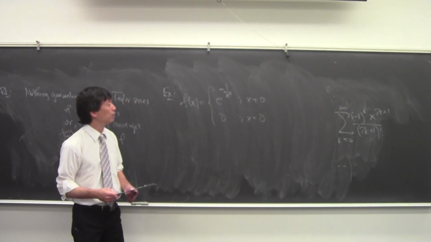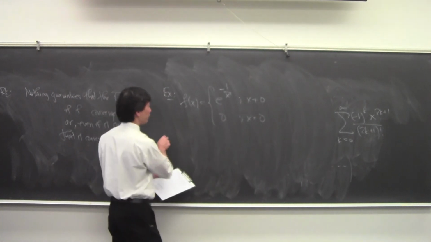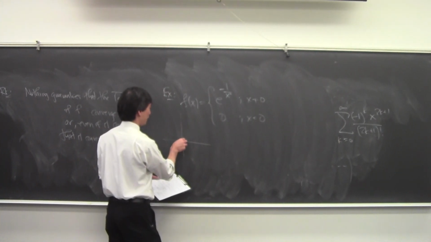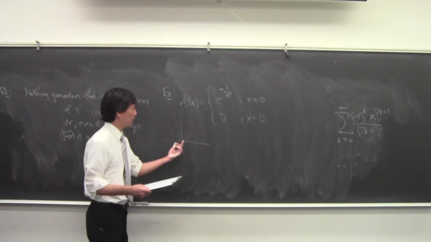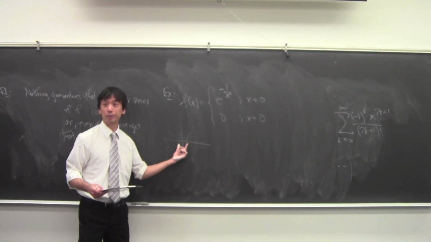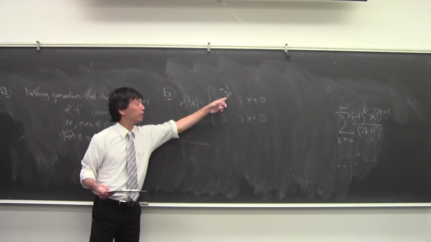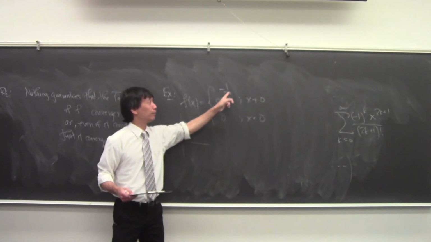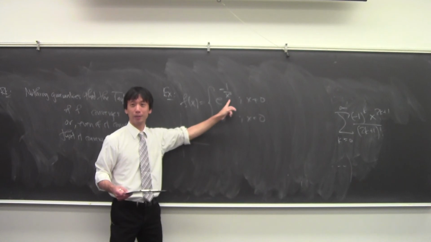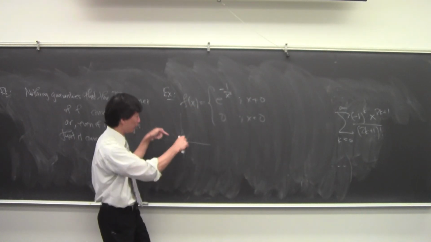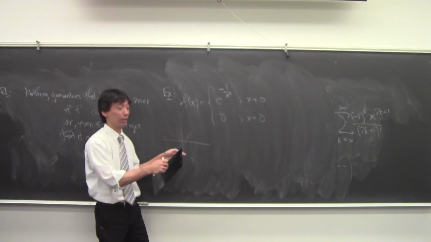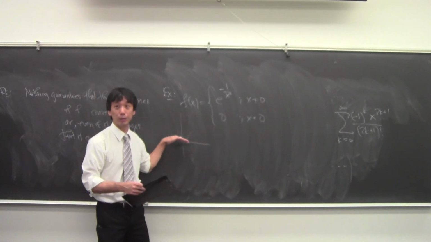This is a function that becomes very flat as you get close to the origin. Because as you get close to the origin, this is e to the -1 over basically infinity, and e to the minus is a fast function, so it's shrinking incredibly fast. So it's very flat as you get to the origin.